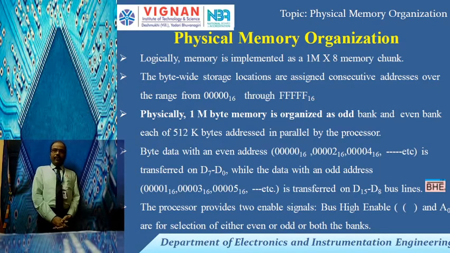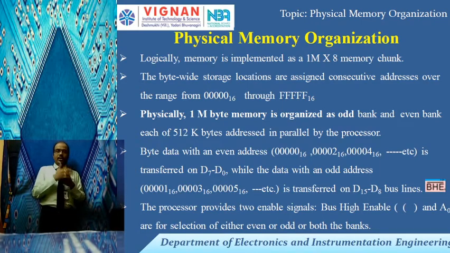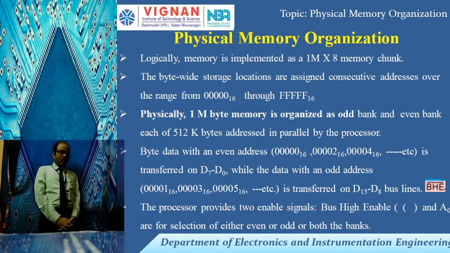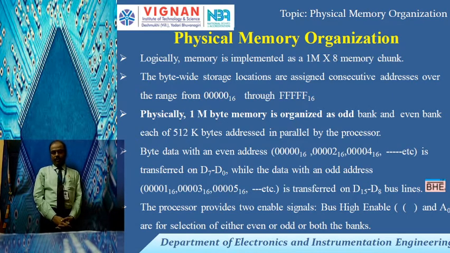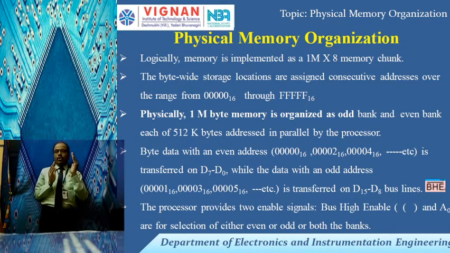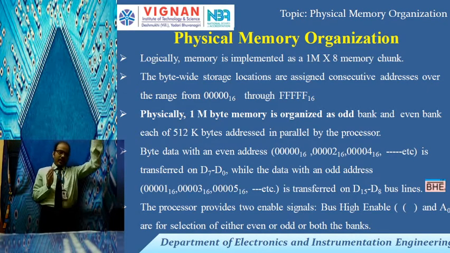Whatever byte data you want to access, you can write the data onto the memory or read the data from the memory. The byte data stored at an even address, which means 00000, 00002, 00004, finally FFFFE, whereas odd addresses are 00001, 00003, 00005, finally FFFFFH.